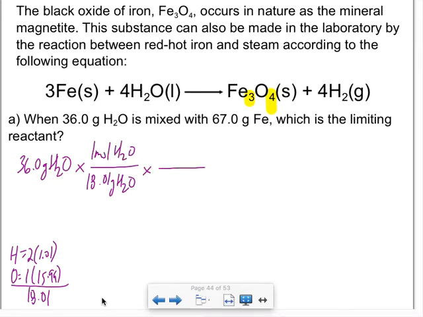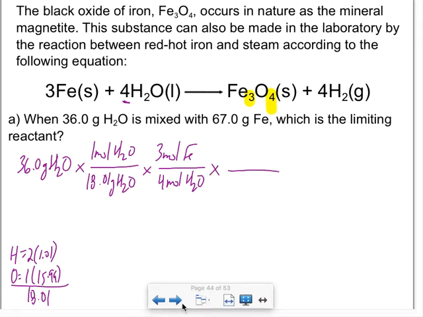Now I'm in moles, and I can use the mole ratio, comparing iron and water to each other. I'm in moles of H2O, so moles of H2O goes on the bottom: 4 moles of H2O to 3 moles of iron on top.